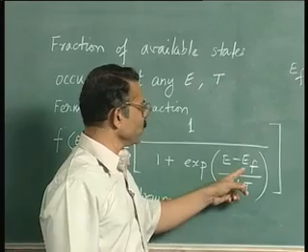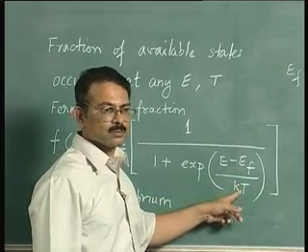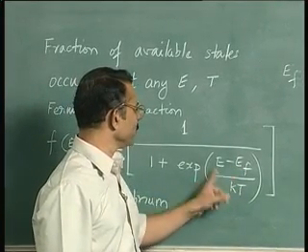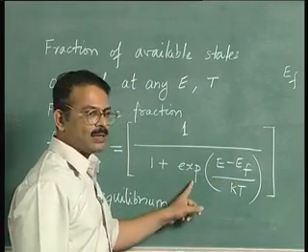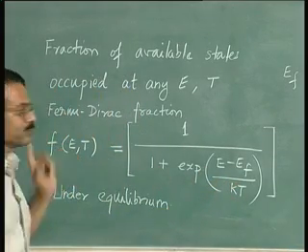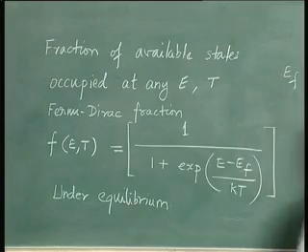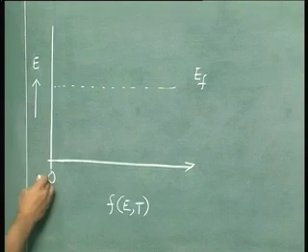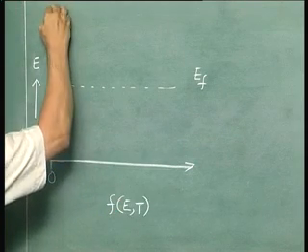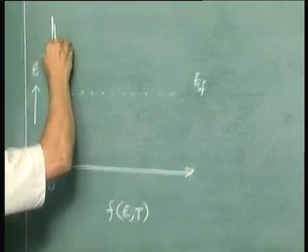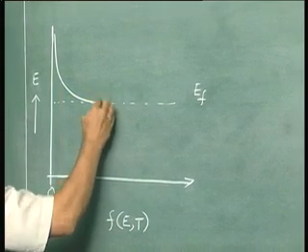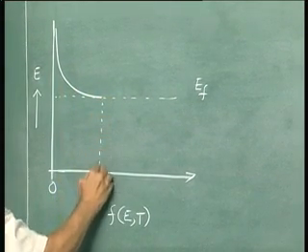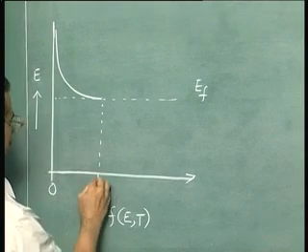And for E equal to EF, let us assume T greater than 0. For E equal to EF, this is exponential of 0, this is 1, so the fraction is equal to half. For E very large, the fraction is 0, so I start from 0 here, and as I come down in energy, by the time I come to EF, this value is half.